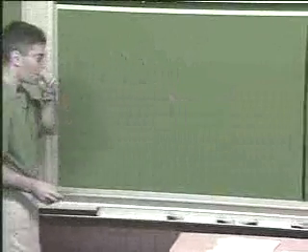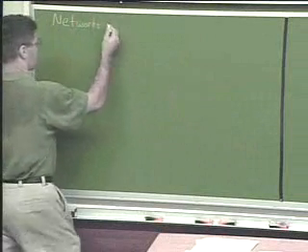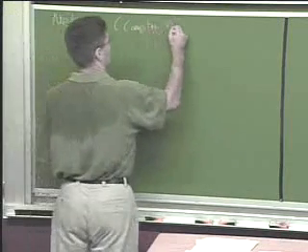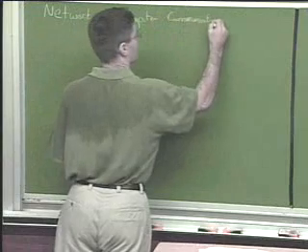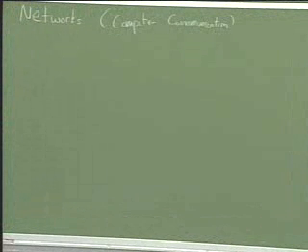So this course is going to be about networks and computer communication networks in particular. Okay, I had this brief conversation yesterday with Al Aho, Professor Aho in the CS department.